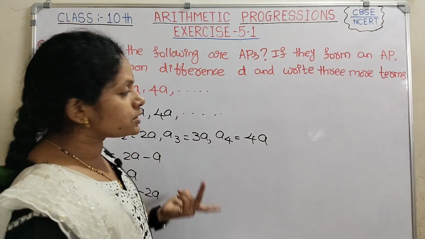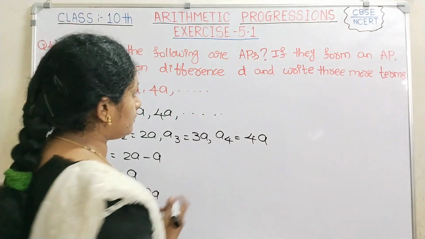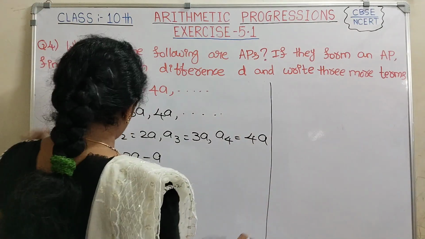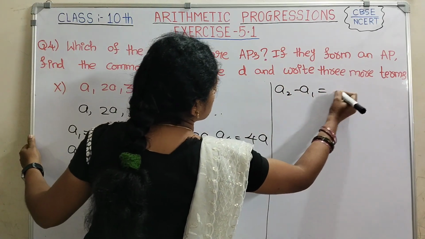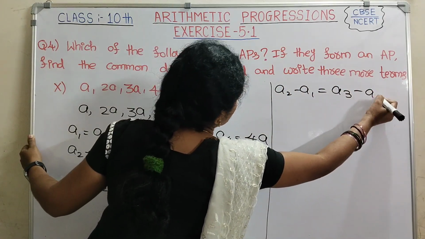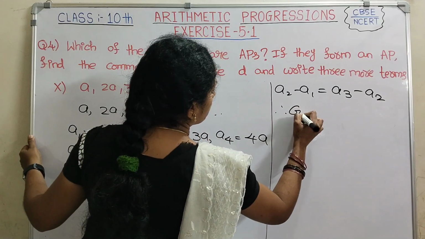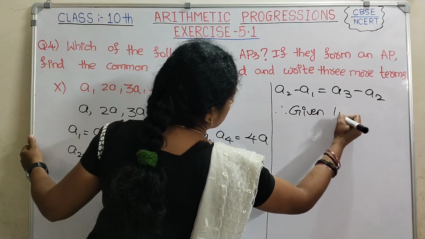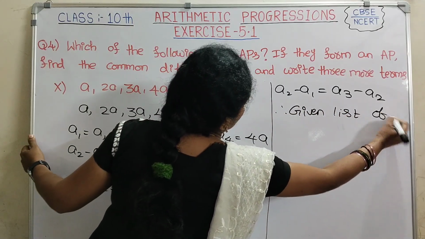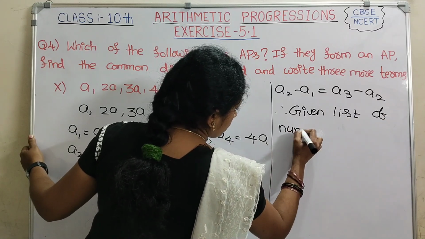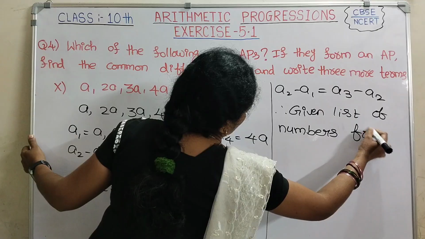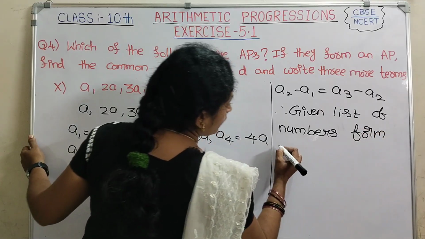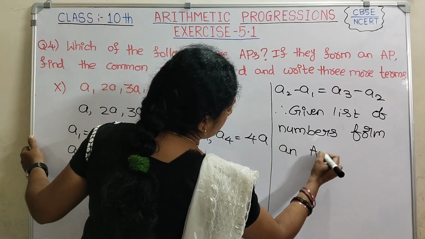So, the given list of numbers forms an AP. A2 minus A1 is equal to A3 minus A2. Therefore, the given list of numbers form an AP.